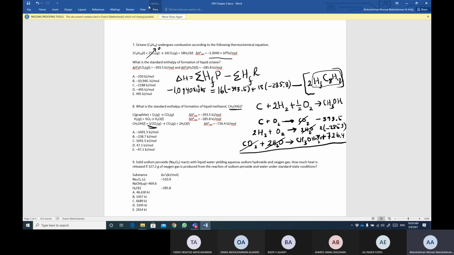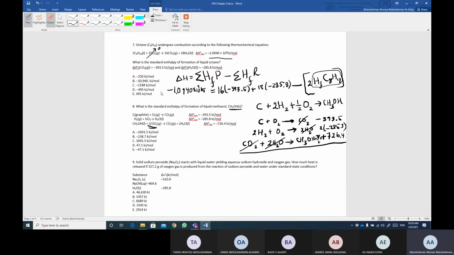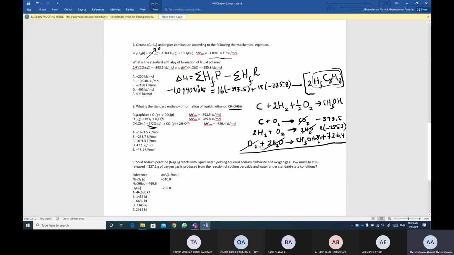Rewrite the equation. In the last equation, I forgot to write something.